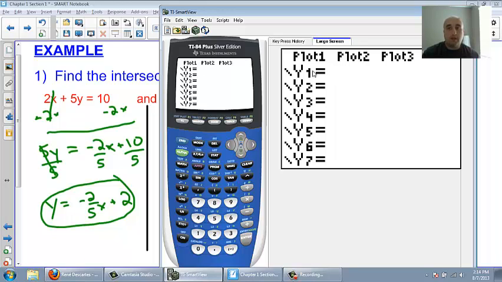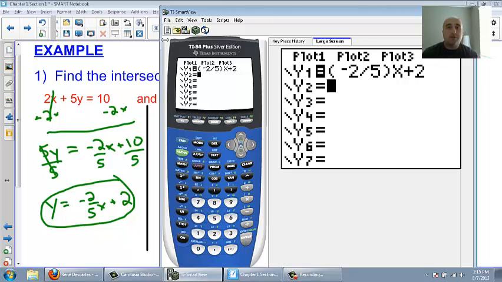Then type in the first equation, negative 2/5 x. Remember, you always need to put fractions in parentheses. Always. So negative 2/5, using the negative symbol, not the subtraction symbol, x plus 2. There's our first equation. Then you can hit enter or the down arrow, and it'll put you into y2.